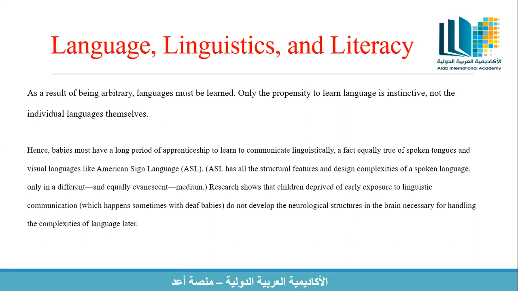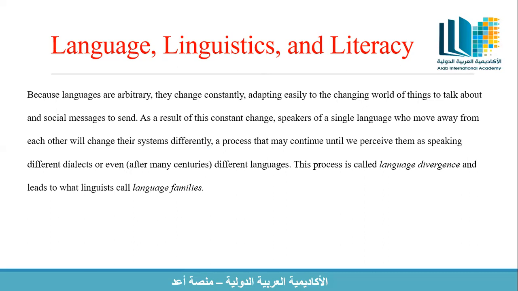Research shows that children deprived of early exposure to linguistic communication, which happens sometimes with deaf babies, do not develop the neurological structures in the brain necessary for handling the complexities of language later. Because languages are arbitrary, they change constantly, adapting easily to the changing world of things to talk about and social messages to send.